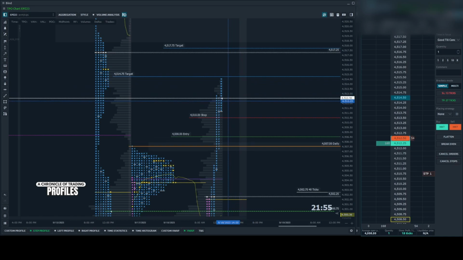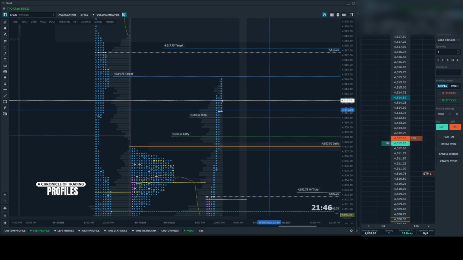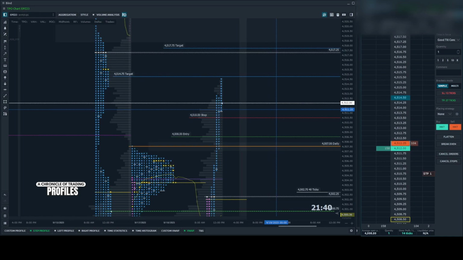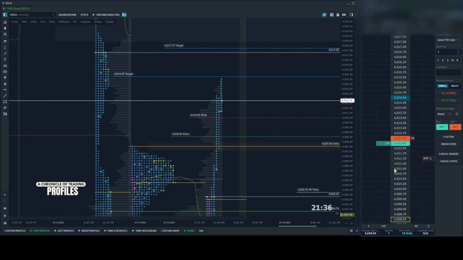Moving so slow, it's hard to get a read on what it's actually trying to do for me. I'll move this up a little bit, and if it takes it out, it does.